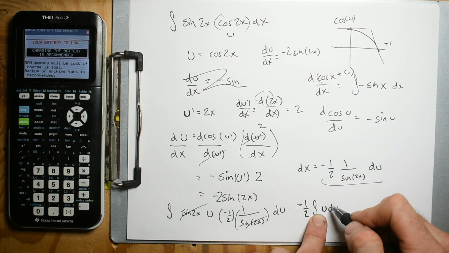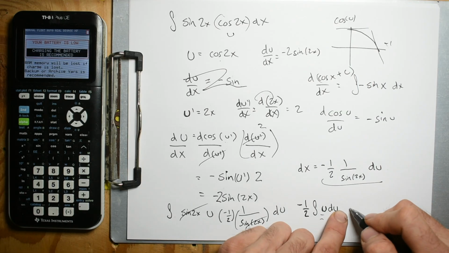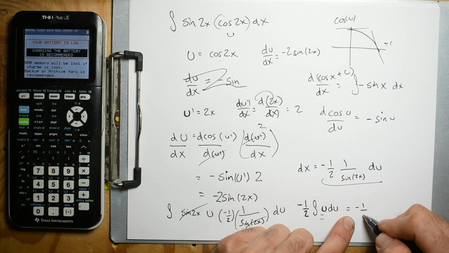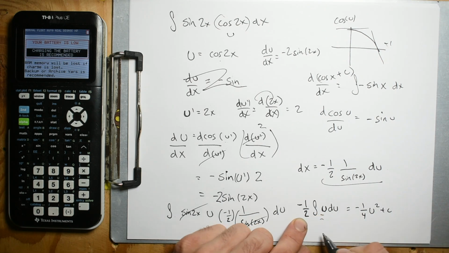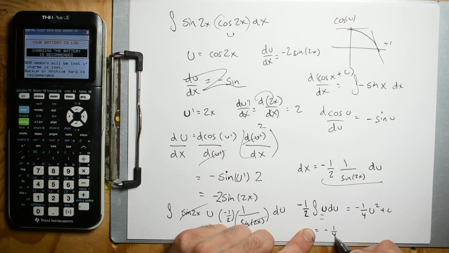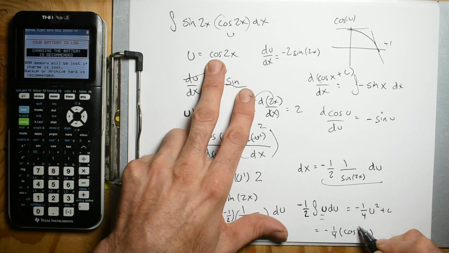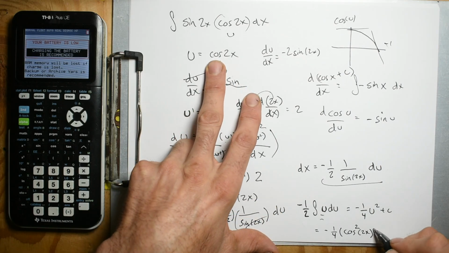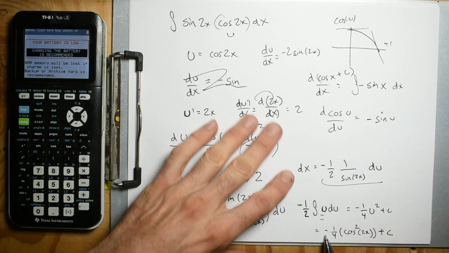U, the power goes up to 2, and then we drop down, and then we divide by 2. So we're going to have negative 1/4 u squared plus a constant. Our u value is cosine 2x, squared. And then we have plus a constant. So that is the integration of that.